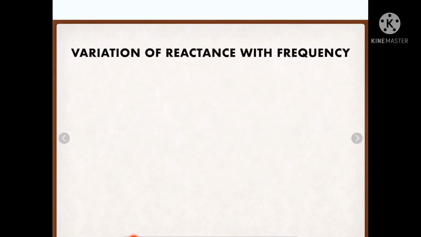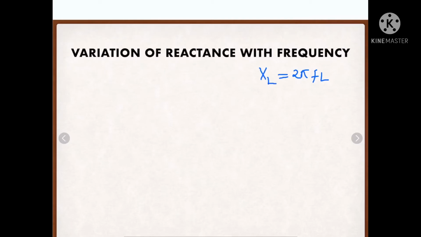So, variation of reactance with frequency. In this topic we are going to understand how a particular quantity varies with frequency. Here we are going to study reactance. We know that in the series circuit we have two kinds of reactance. One is XL, and we know the formula for XL, that is 2 pi FL.